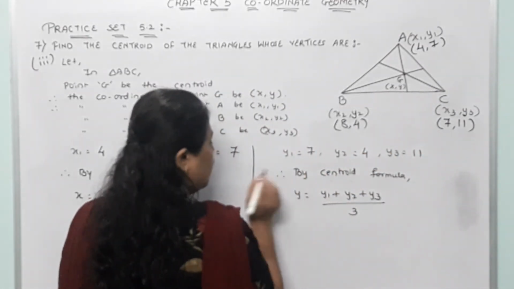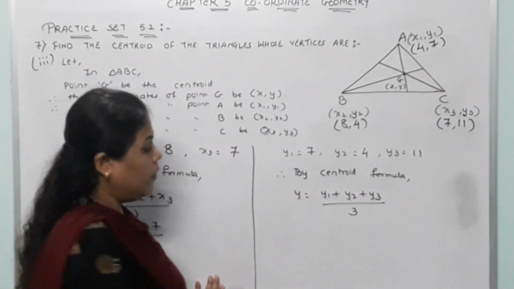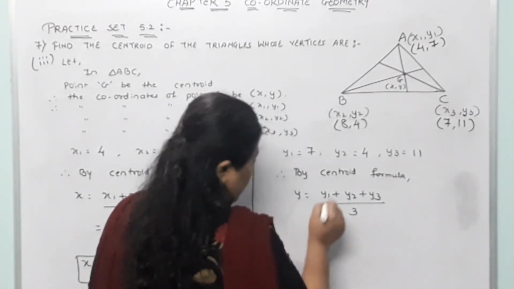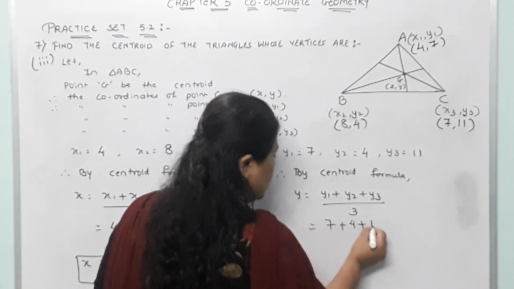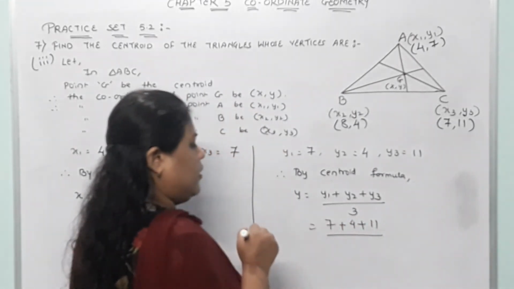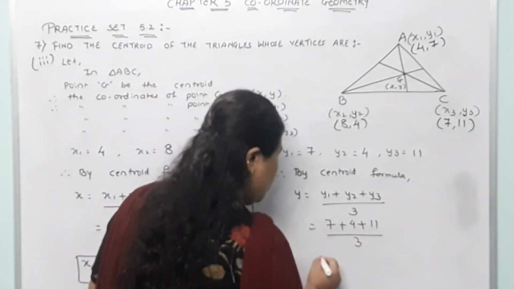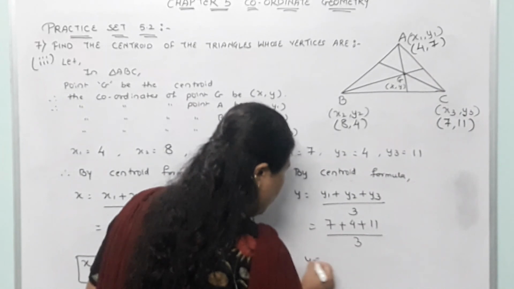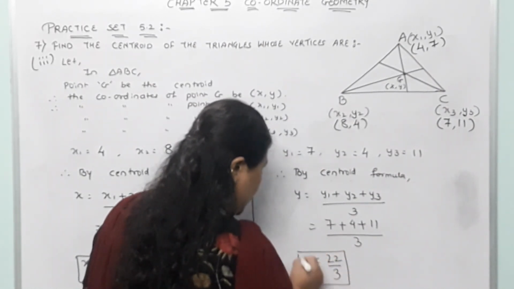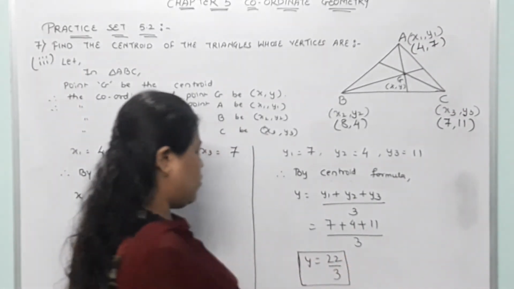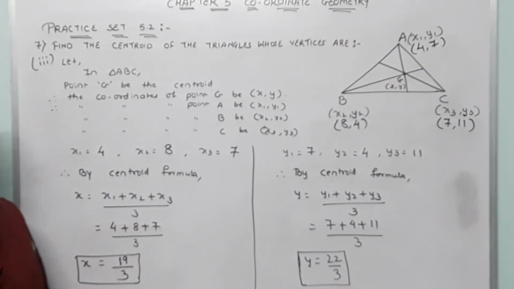Therefore by centroid formula y equals to y1 plus y2 plus y3 upon 3. It is 7 plus 4 plus 11. Now 7 plus 4 is 11. 11 plus 11 is 22. So we will be having the value of y as 22 upon 3. Right? So the coordinates of centroid G are 19 upon 3 and 22 upon 3.